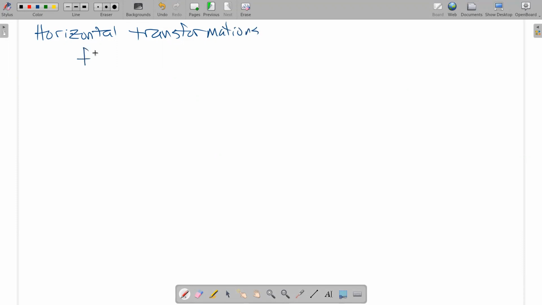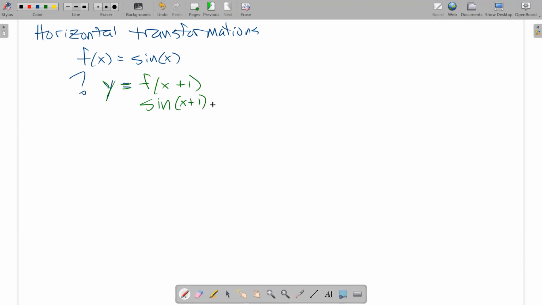Starting with, say, the one we've been playing with, f of x equals the sine of x, what is going to happen if I look at the graph of y equals f of x plus 1? So that would be the sine of x plus 1.